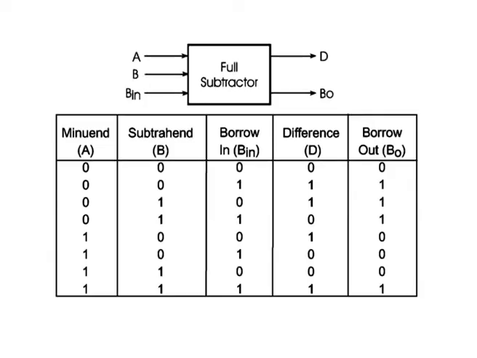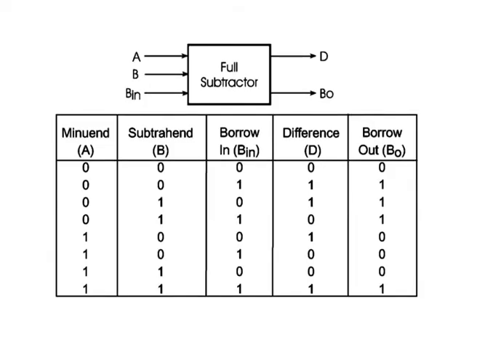As a result, there are 3 bits to be handled at the input of a full subtractor, namely the 2 bits to be subtracted and a borrow bit designated as Bin. There are 2 outputs, namely the difference output D and borrow output BO. The borrow output bit tells whether the minuend bit needs to borrow a 1 from the next possible higher minuend bit.